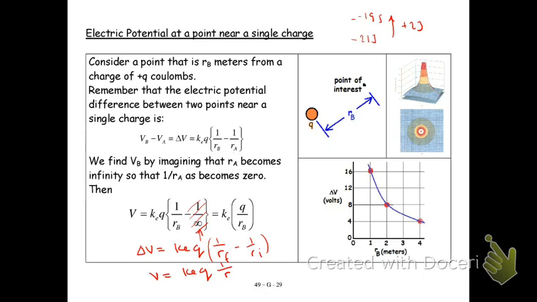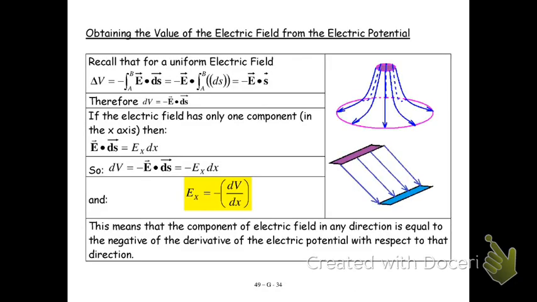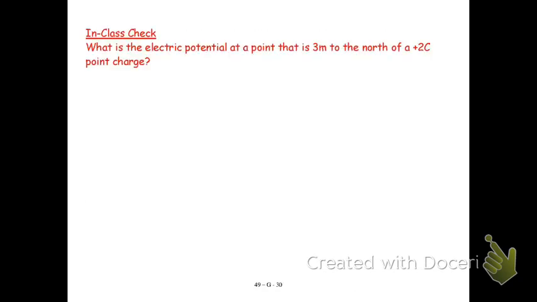Notice that my potential falls off as an inverse, not an inverse square relationship. Let's have a quick look. What is the electric potential at a point 3 meters to the north of a plus 2 Coulomb charge? So here's my point, and this is 3 meters.